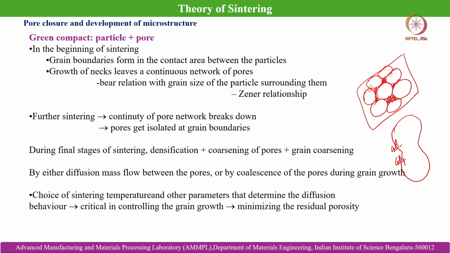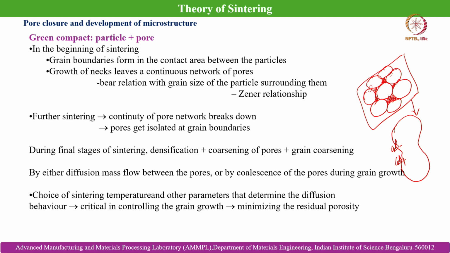So, it is a continuous pore or a kind of open pore. Those are transformed into closed porosity as and when the sintering progresses and the diffusion happens between the particle adjoining surfaces. Then the grain boundary forms there, like we have discussed over here. That is also responsible for making the pores isolated at the grain boundary location.